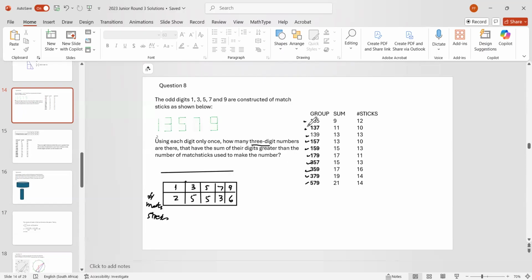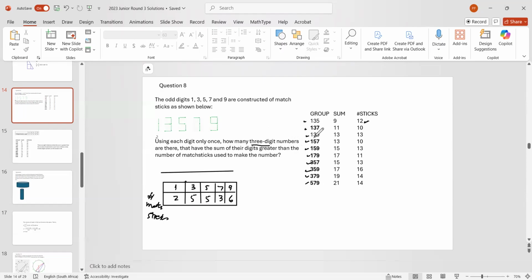Right. Now, let's just count how many matchsticks are used in each of these numbers. For 1, 3, 5, they say that the sum of the digits is greater than the number of matchsticks used. So let's work out the sum of the digits. And these are the sum of the digits which were calculated. And the number of matchsticks used for 135 is 2 plus 5 plus 5, that's 12.